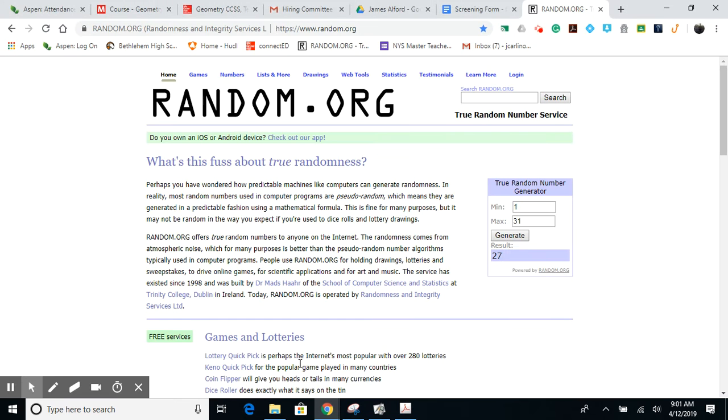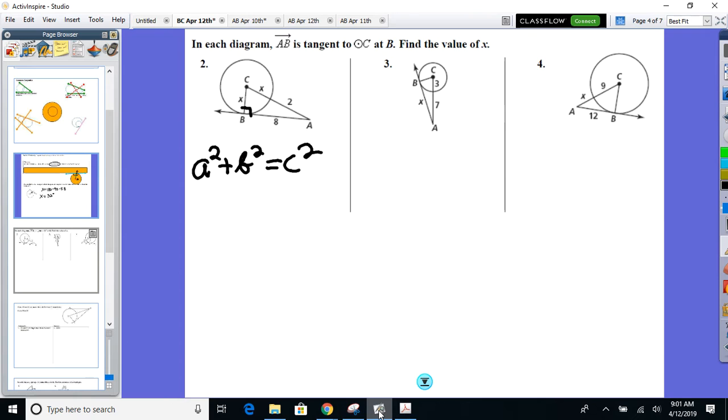All right, help me fill it in here. 18, name a leg. 8. You got another leg. X. Here's the big one. Do we have a hypotenuse? What is it? 2 plus x or x plus 2? How do I write that in Pythag? Parentheses, x plus 2 squared.